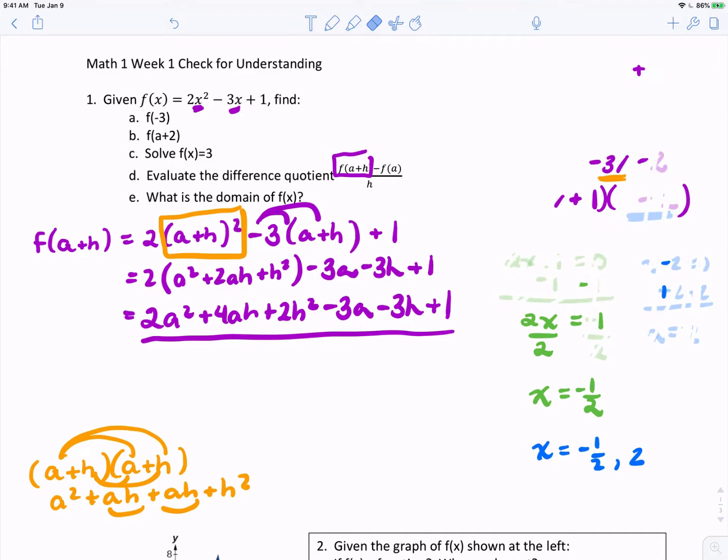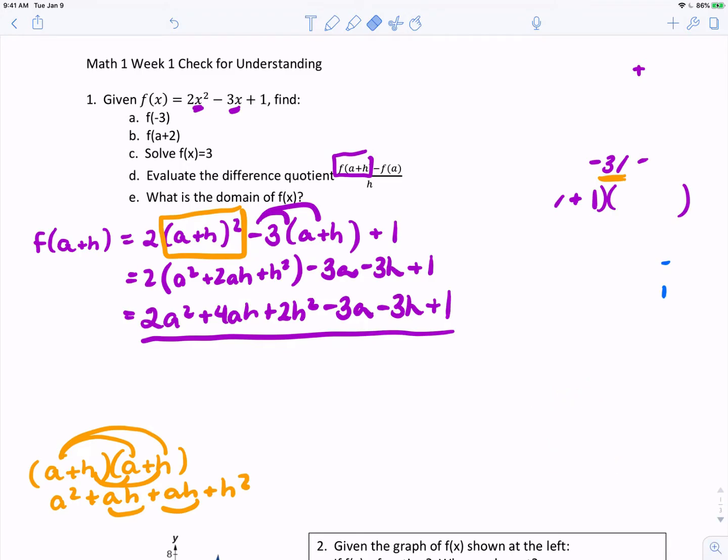All right, so that means we're going to need some more room. So let's clear off some space here so we can keep going. All right, good. So f of a plus h turned out to be this expression right here.